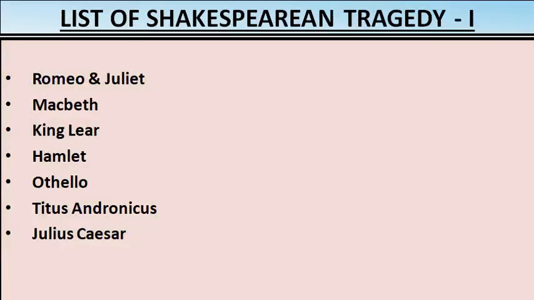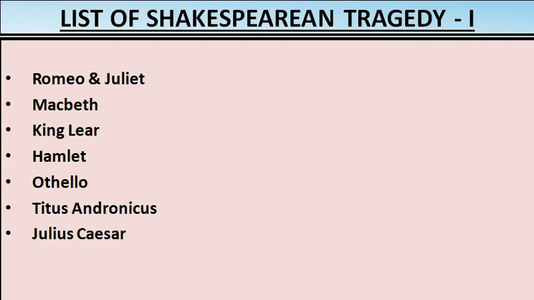Let's move on and remember the list of Shakespearean tragedies, as you can see on your screen. The first play that falls under Shakespearean tragedy is Romeo and Juliet. Second, Macbeth. Third one is King Lear. Fourth one is Hamlet. Fifth is Othello. Sixth is Titus Andronicus.